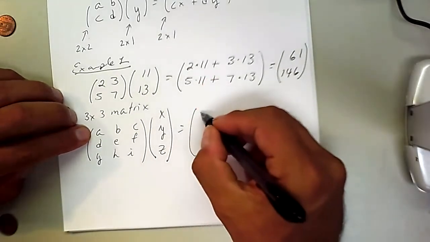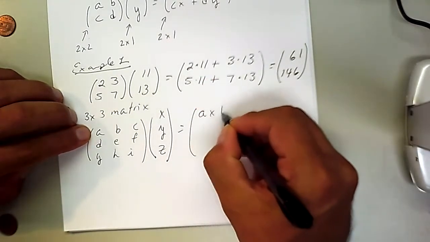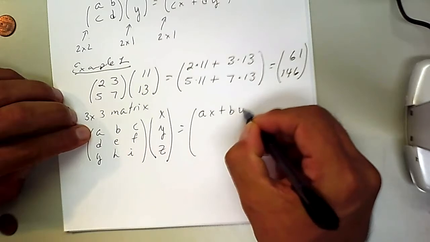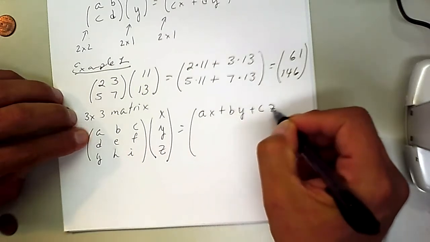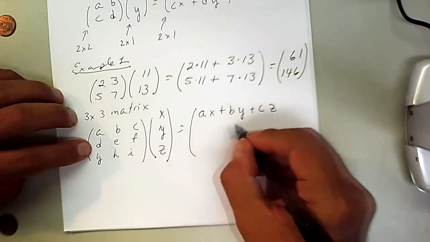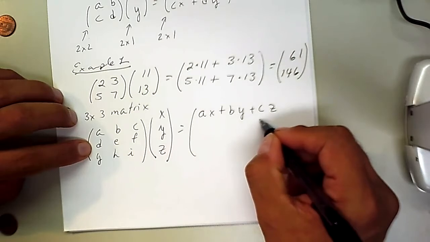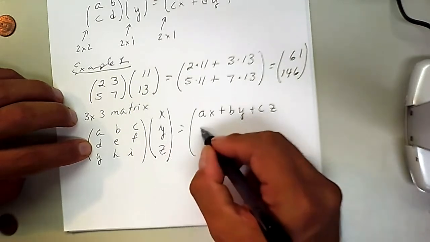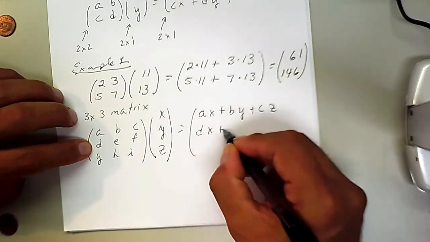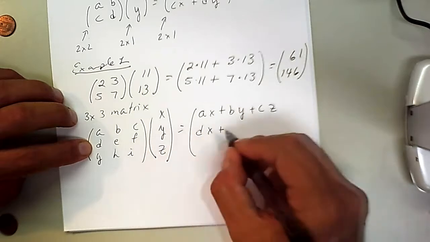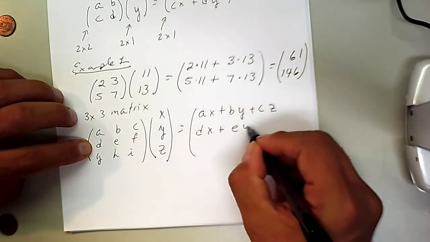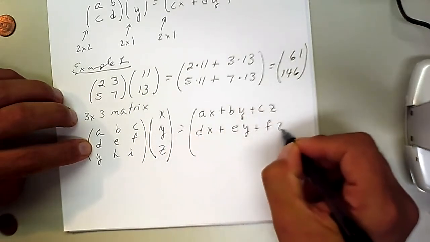So in this case, we will have AX plus BY plus CZ. And then the second element in the matrix will be DX plus EY plus FZ.